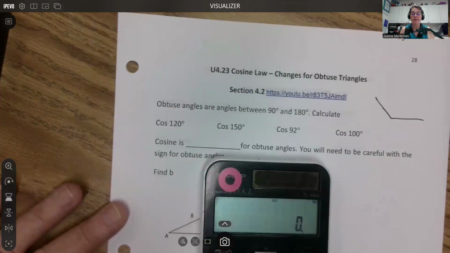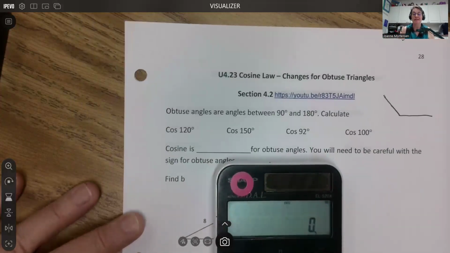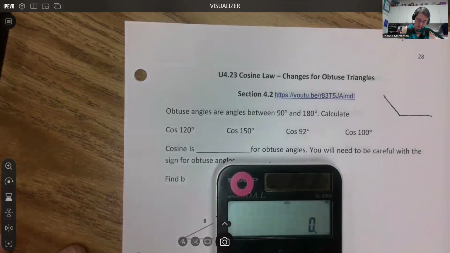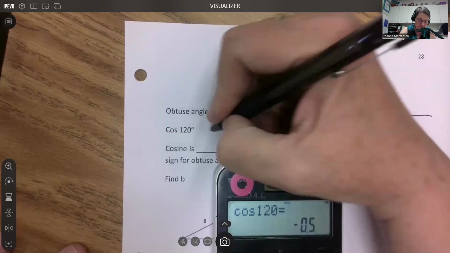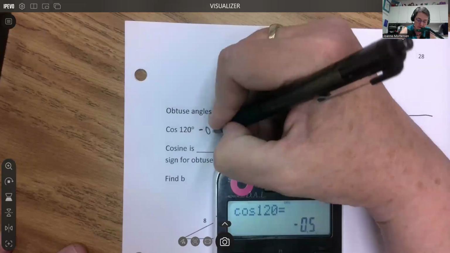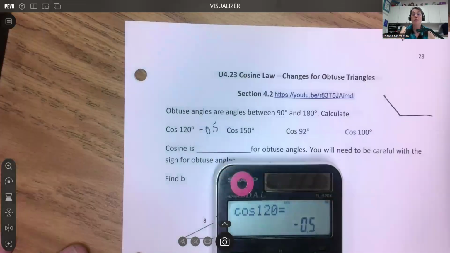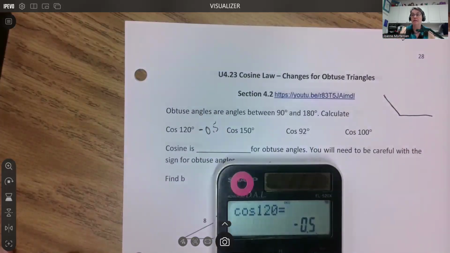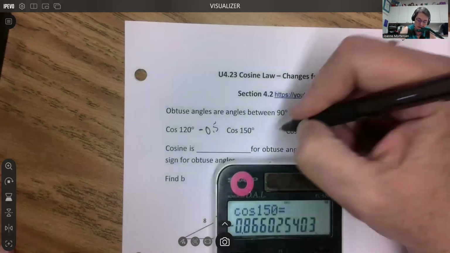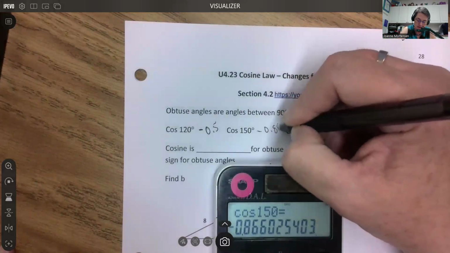We do cos 120 degrees. That's obtuse. Negative 0.5. There were no negatives at all when we did sine law. So cosine law, I get a negative. So cos 150, negative 0.8.